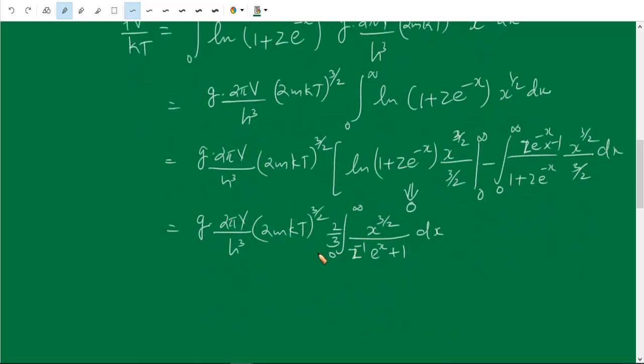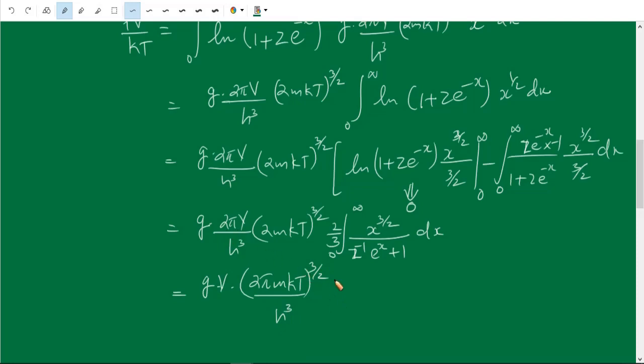Okay, so we can change this thing, we can make this 2 pi m k t, so that this pi goes inside and we can multiply with the root pi. So this is equal to g times, and here 2 is there, so I will multiply with root pi on both the numerator and denominator, so this will become g V times 2 pi m k t whole raised to 3 divided by 2, divided by h cube.